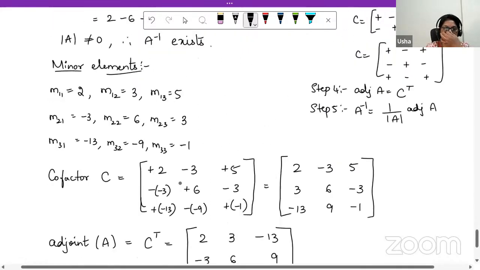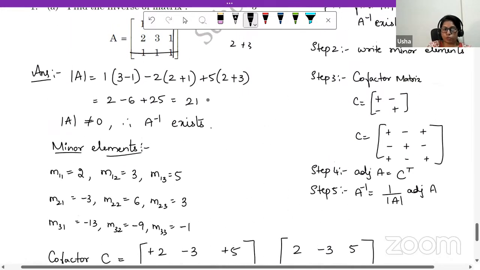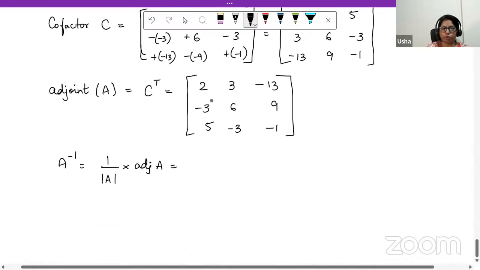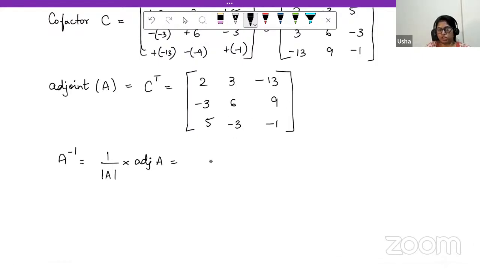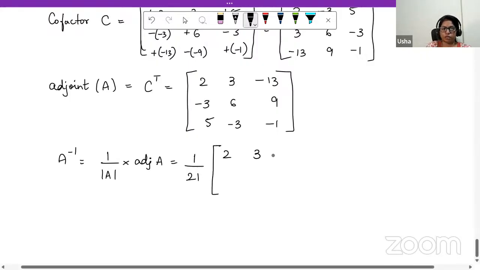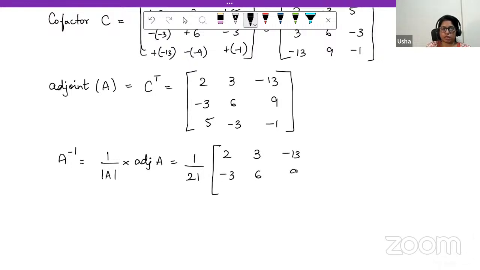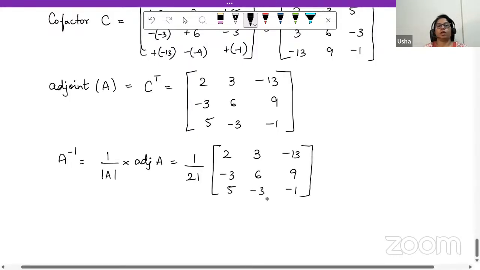So what is determinant of A? Determinant of A is 21. I don't want to divide because all the numbers are not getting divided. In fact, you will have a fraction in each and every number. So I'll just directly write 1 by 21 into 2, 3, minus 3, 13, minus 3, 6 and 9. And then 5 minus 3 minus 1.